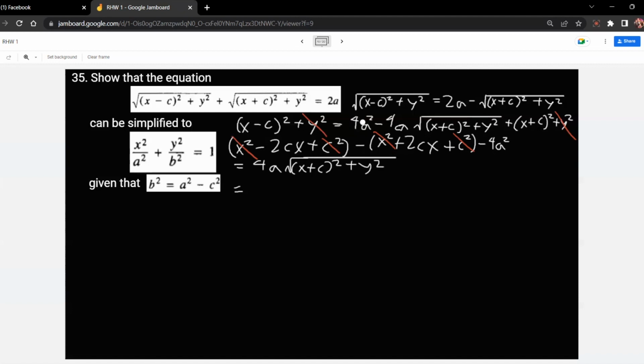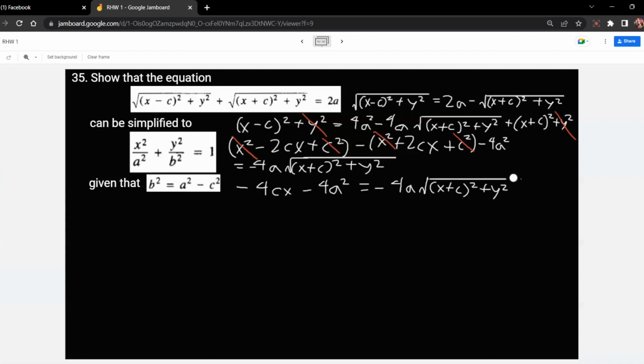Do it the long way. Ayan, okay, may minus sign. So new line. So negative 4a, negative 4cx minus 4a squared is equal to negative 4a square root of x plus c squared.